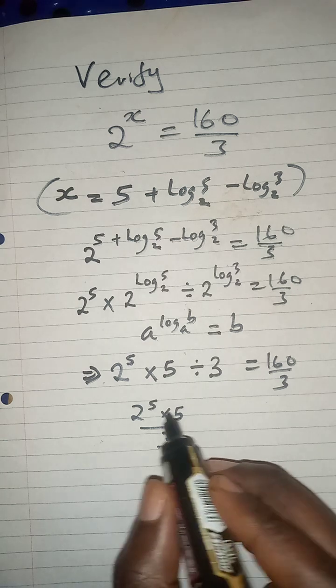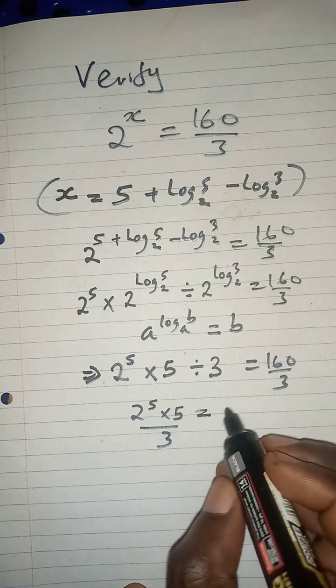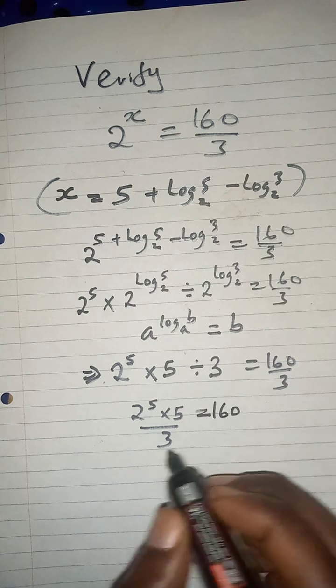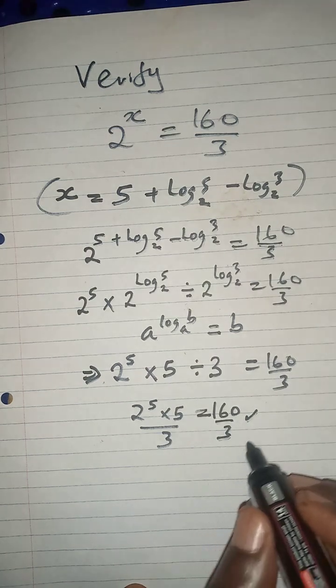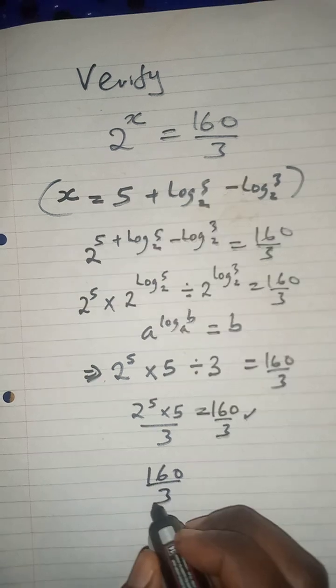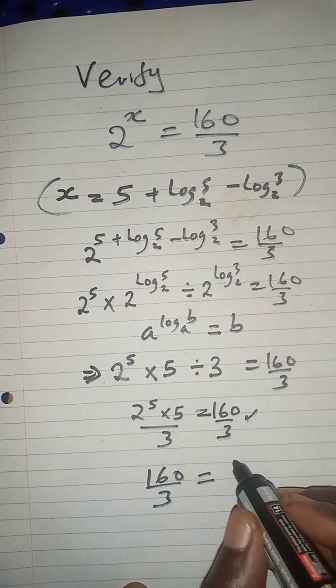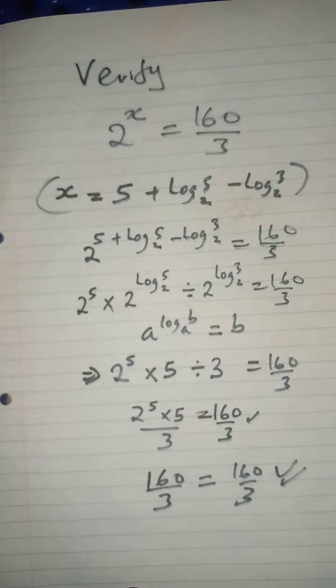Of course, if you take 2 raised to 5 times 5, that gives me 160 over 3. And that actually gives us that 160 on the left hand side is equal to 160 over 3 on the right hand side.